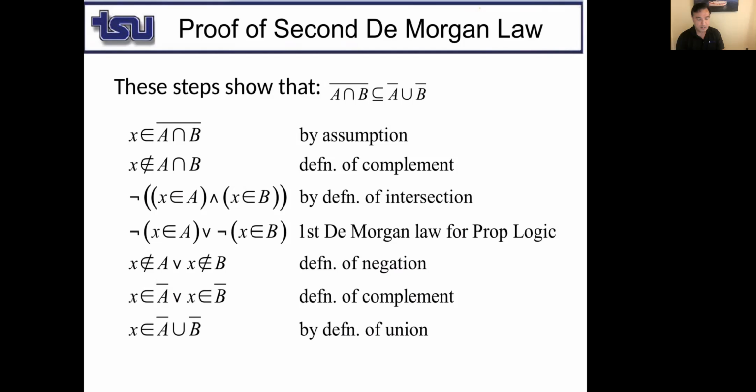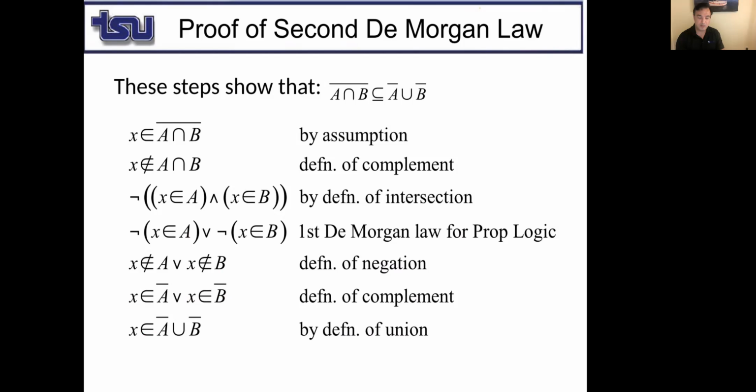I get X belongs to A is a proposition, X belongs to B is another proposition with AND, and I get the negation of this, and then AND becomes OR. That means X is not an element of A, or X is not an element of B. In other words, X is an element of A complement or X is an element of B complement.